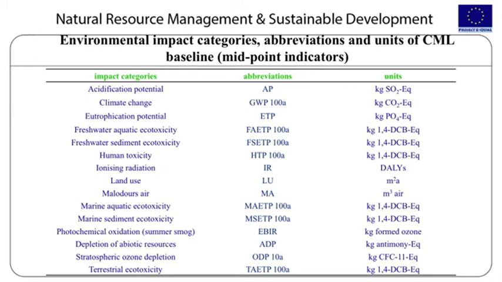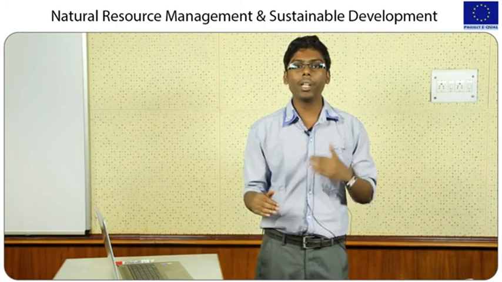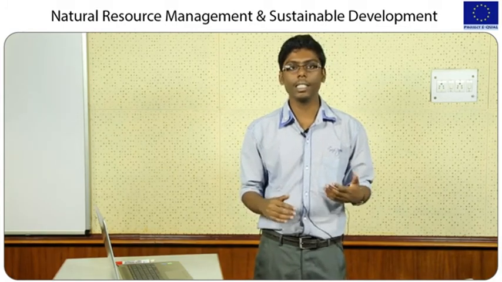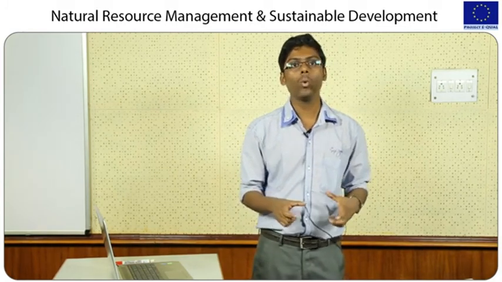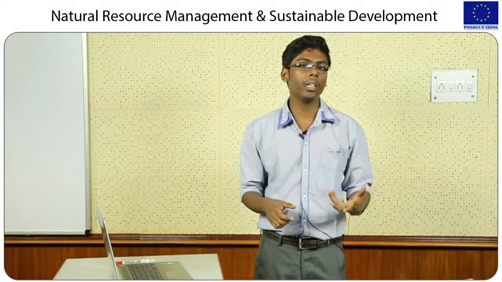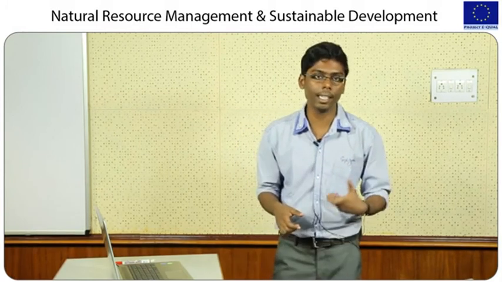The amount of these substances is converted to an equivalent amount of carbon dioxide. Hence, global warming potential is expressed in terms of kg of CO2 equivalent. An example of midpoint indicators is the CML method, which was developed by the University of Leiden, Netherlands.